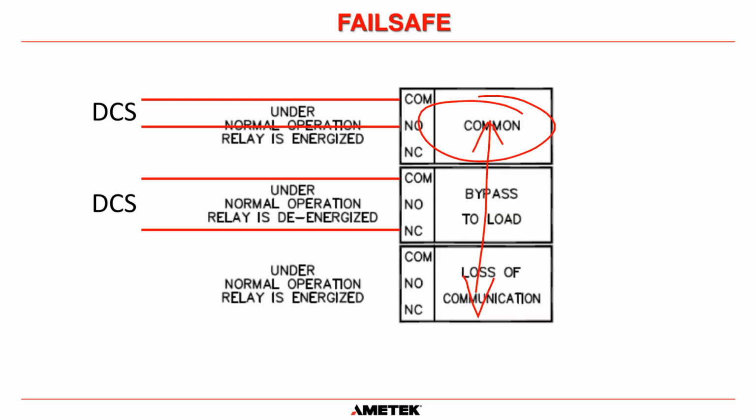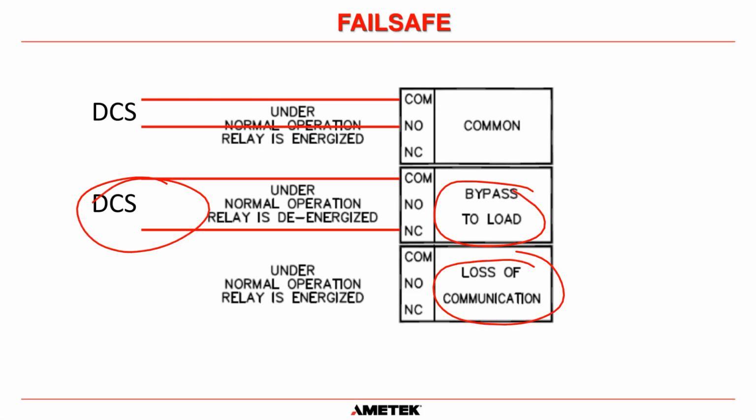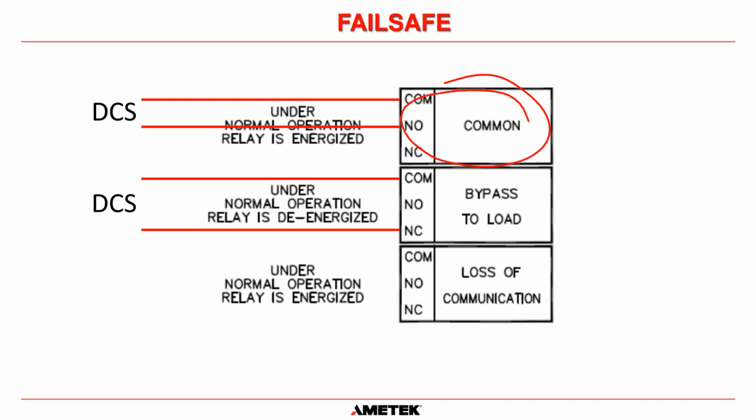You're not gaining anything by doing that. The reason why we give you separate alarms is if you want separate alarms at your DCS system. It is not so you can daisy chain them all together. That's what the common alarm does. So hopefully that makes sense.